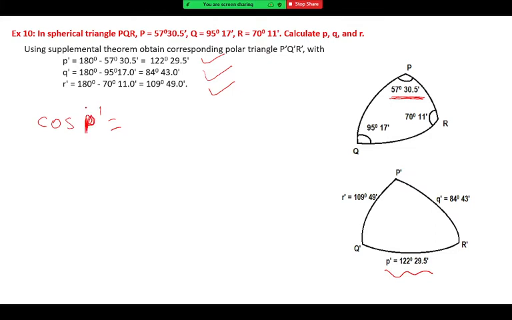Cos of p dash is equal to cos of capital P dash into sine of R dash into sine of Q dash plus cos of R dash into cos of Q dash.